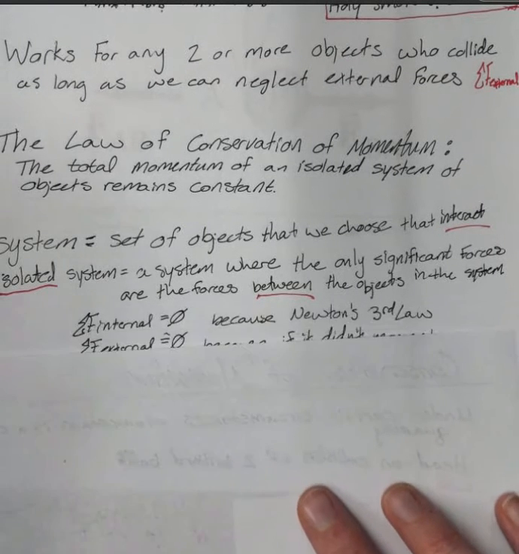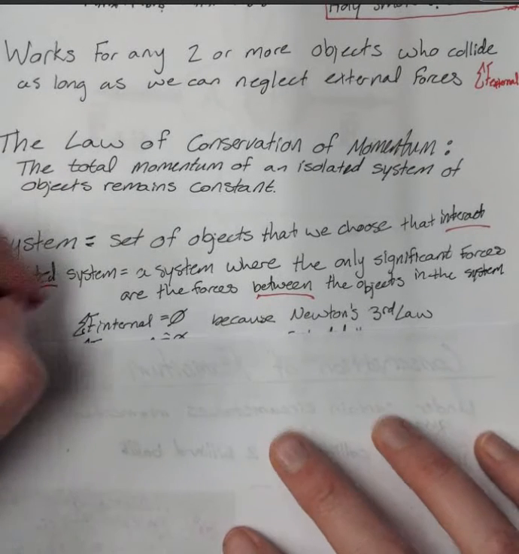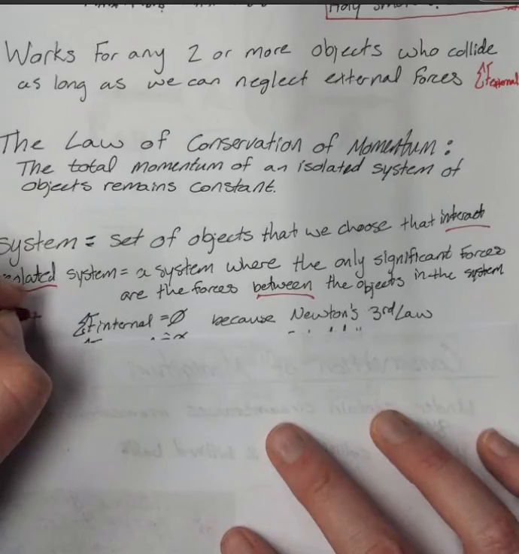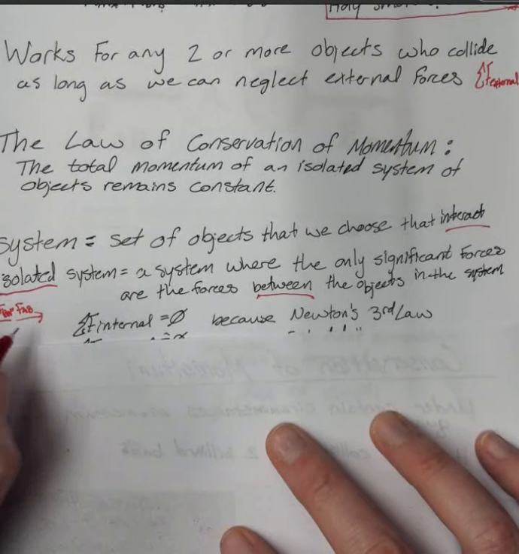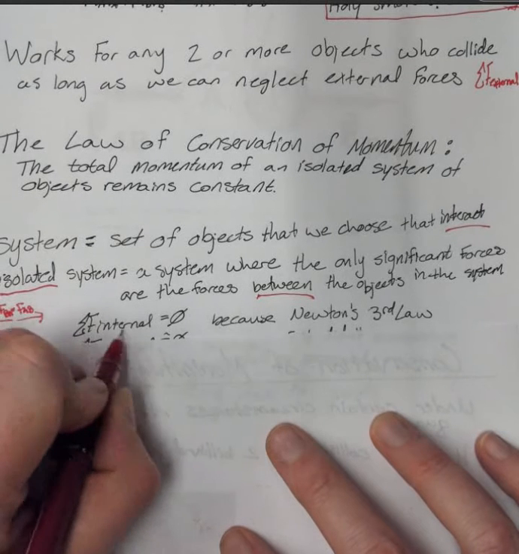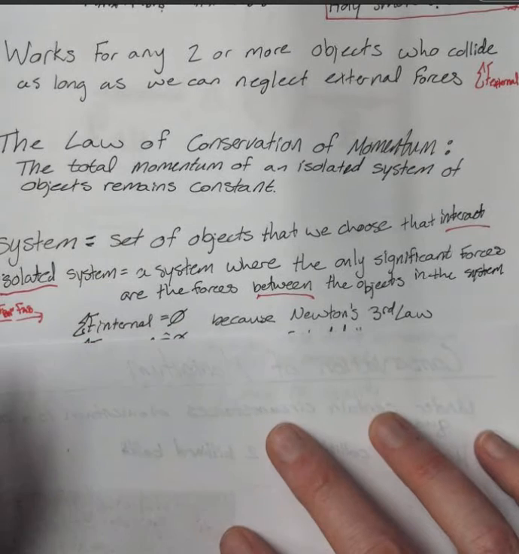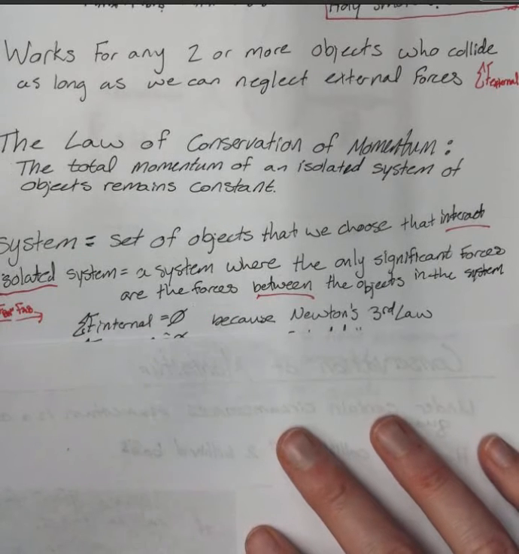Because of Newton's third law, if you have two objects colliding just like the billiard balls, this is going to be F A on B, this is going to be F B on A, and they're going to be equal but opposite. So if I added those two together, then the net force of the internal isolated system would be 0, and that's just because of Newton's third law. You can't have a force pair that doesn't have equal values in opposite directions.